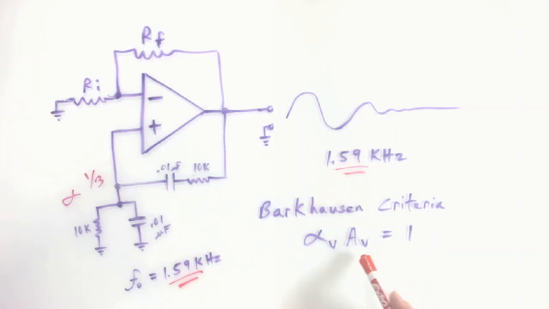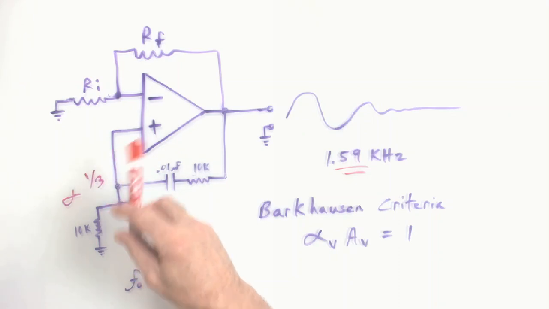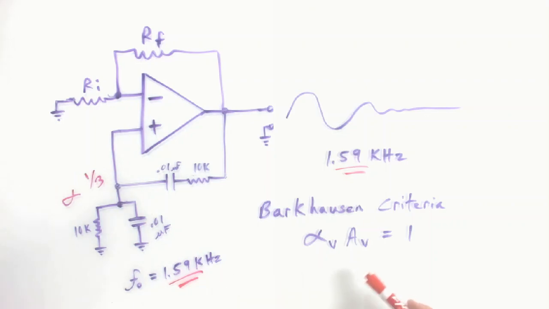So you have to make up for the attenuation with the appropriate amount of gain for your amplifier. That's what will sustain an oscillation. There will be losses in the positive feedback path, and you make up for those by adding gain to the amplifier, and now it'll be self-sustaining.